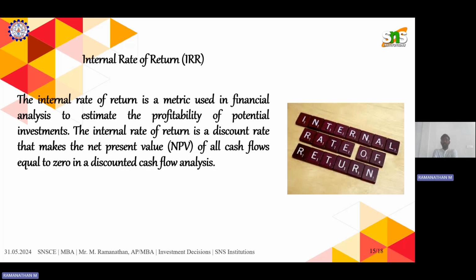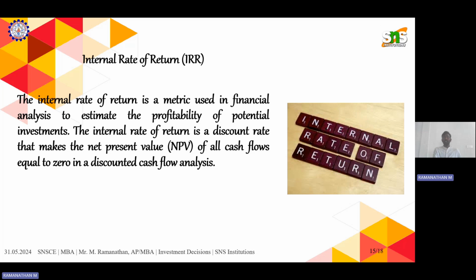The internal rate of return is the discount rate that makes the net present value of all cash flows equal to zero in a discounted cash flow analysis. So IRR is the profitability of a business, investment or project: how much rate or percentage we are getting out of it.